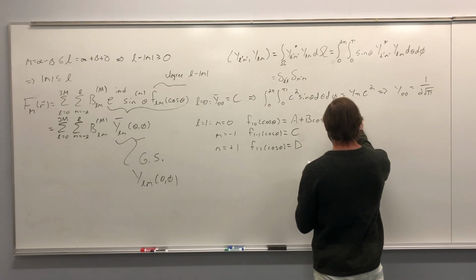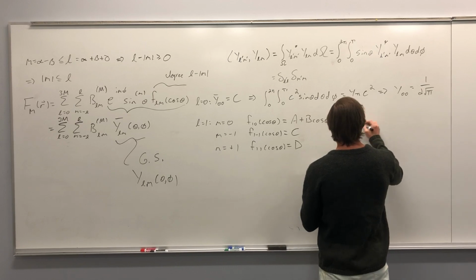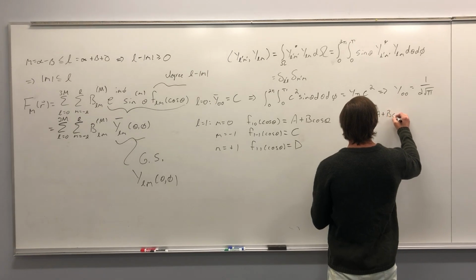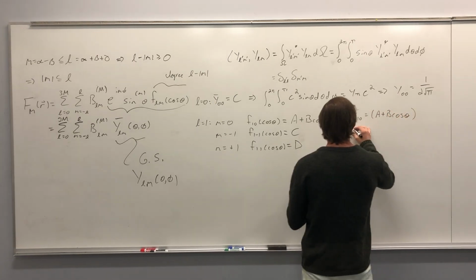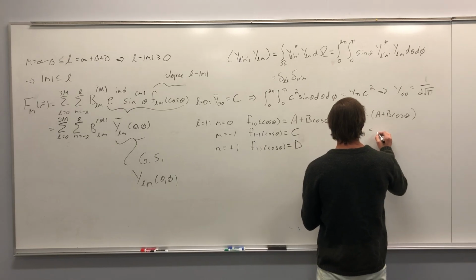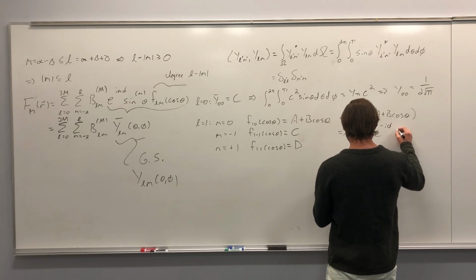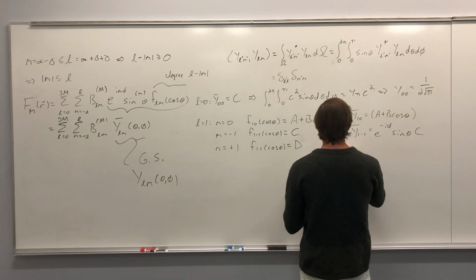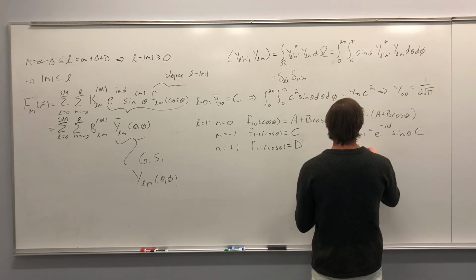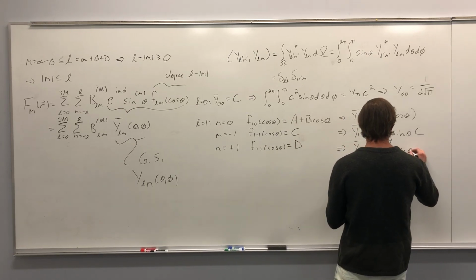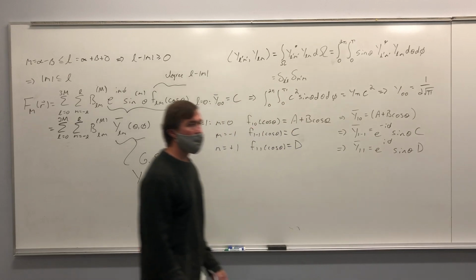So we have immediately that Y bar 1,0 is a plus b cosine theta. Y bar 1,-1 is e to the minus i phi times sine theta times c. And Y bar 1,1 is e to the i phi sine theta times d.